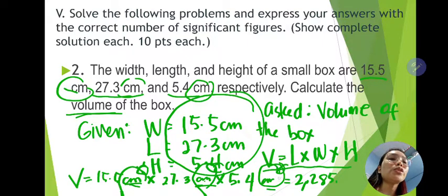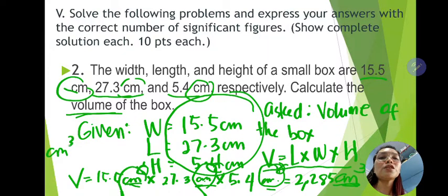So, from 1, 2, 3, it will be centimeter cubed. Okay, so our volume will be 2,285 centimeter cubed.